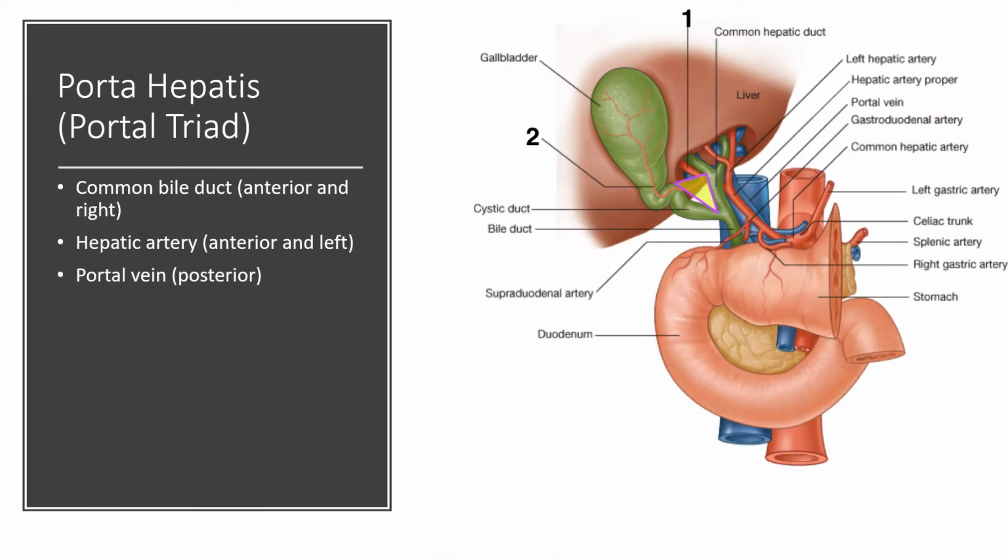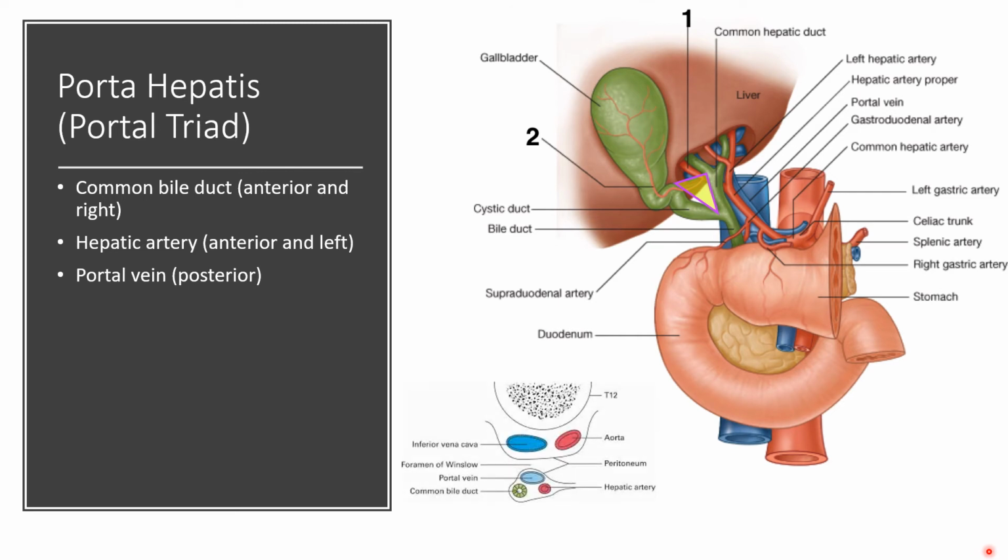Now let's talk about the porta hepatis, the portal triad. It consists of the common bile duct, which is anterior and to the right. It consists of the hepatic artery, which is anterior and to the left. And it consists of the portal vein, which is posterior.